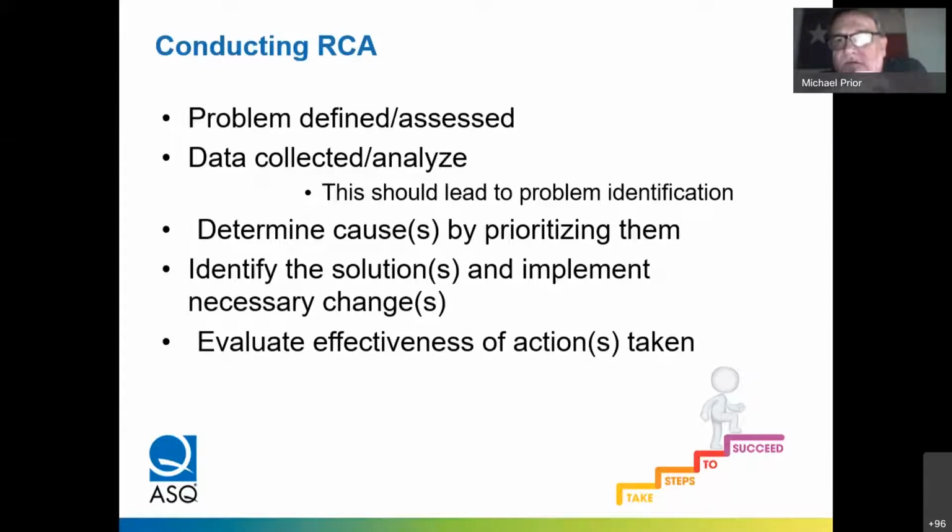I mean, don't take the first observable thing that you understand as an issue and attach it to being the root cause. And that happens a lot. And then they wonder why issues continue to happen down the road, because they didn't do a proper root cause analysis. Collection of data and analyzation should lead to a problem identification if it's done in a systematic way.